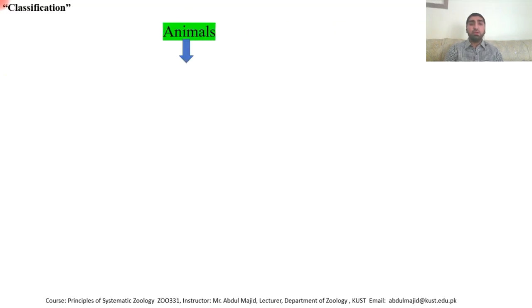Downward classification was practiced by many scientists in a very early, very primitive time. For example, animals were divided into blooded animals and bloodless animals. Those animals which have blood, and those which do not, the invertebrates, have hemolymph. It's a kind of blood, but not red blood.